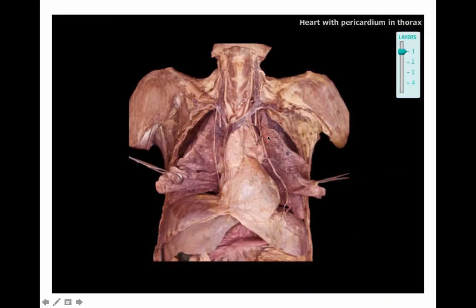Here on dissection, we can see the lungs being reflected away and how continuous the pericardium is with its connection to the respiratory diaphragm. We see how the heart has its deflection off to the left in large part because of the way the liver fits in underneath.